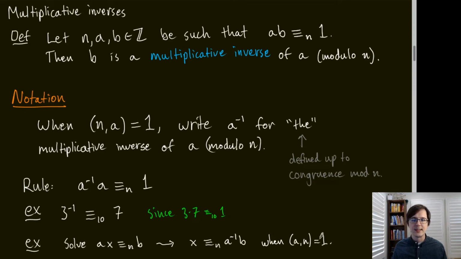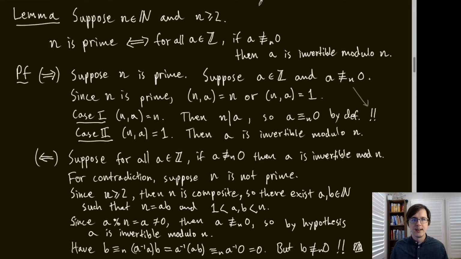Because remember, this GCD tells you how many solutions there are. I want to mention that primes are a special thing. They're the ones where every non-zero number has a multiplicative inverse. So let's show that.